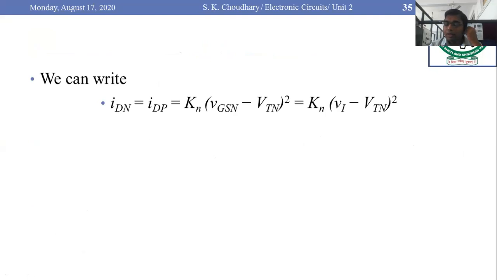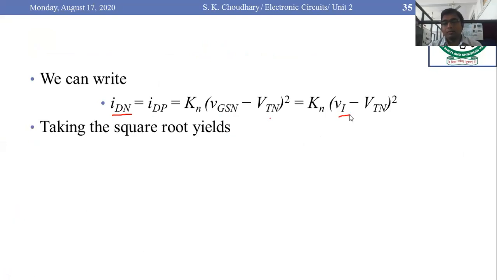This is the beauty of this CMOS inverter configuration. So when IDN is equal to IDP, it means what? Mathematically, first of all we have to derive the current equation for the NMOS, that is equal to Kn (VGSN minus VTN) whole square. VGS is what? Vi. If you take the square root of this, it would be square root of IDN is equal to square root of Kn times (Vi minus VTN).